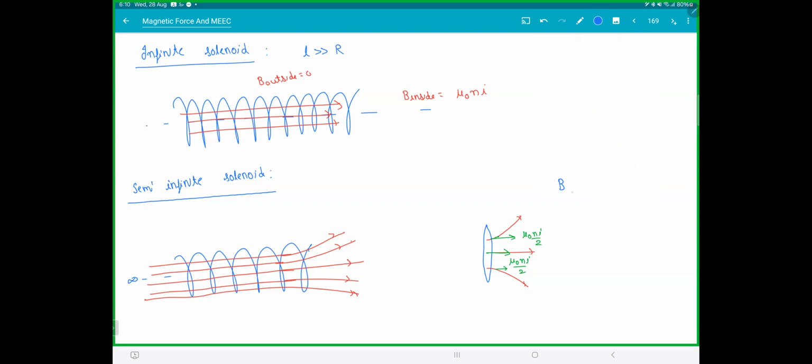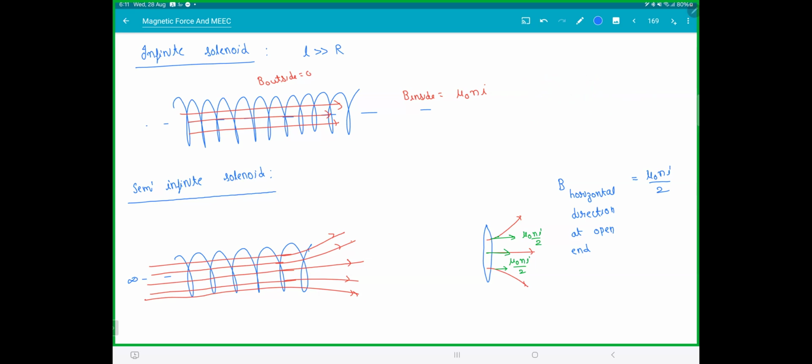The magnetic field in the horizontal direction at the open end is mu naught n I by 2. Is that making sense, everyone? So basically, if you add two semi-infinite, this and this together should give you the field in the horizontal direction. Means each one is contributing mu naught n I by 2 in the horizontal direction.